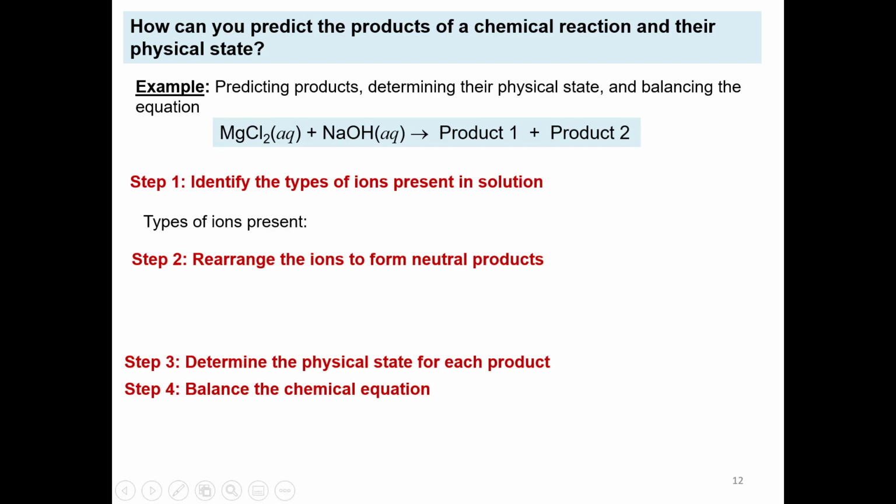Then the step number 1, we need to identify the type of ions present in the solution. To identify the ions present in the solution, we will need to check these 2 reactants. We had manganese, chlorine, sodium, and we know this one is the hydroxide group, a polyatomic ion.